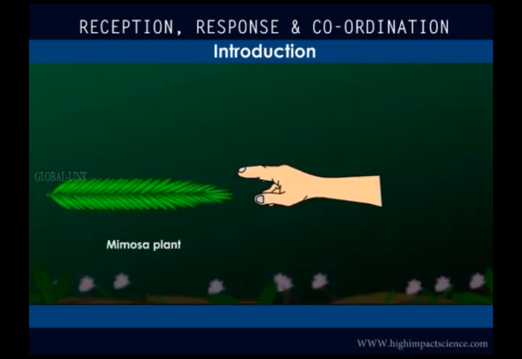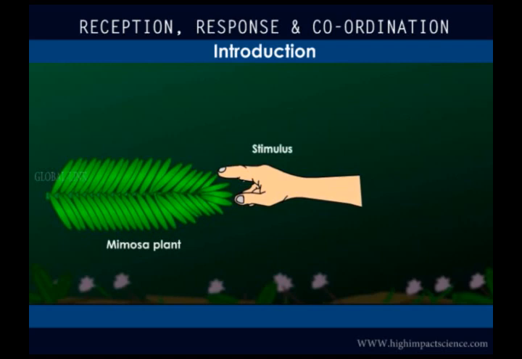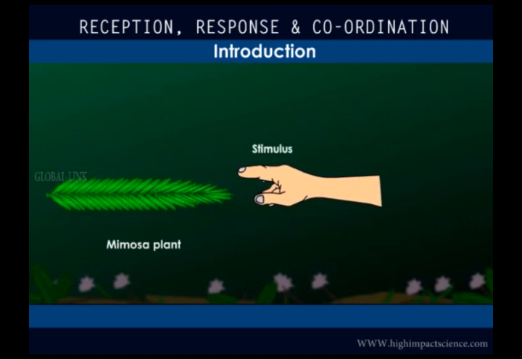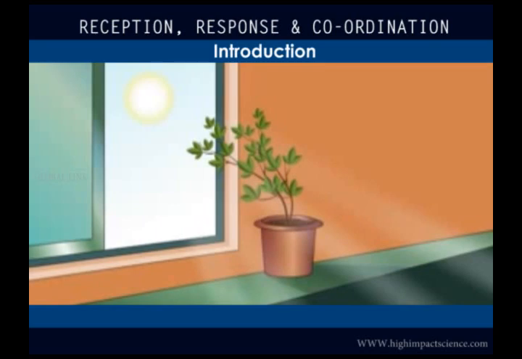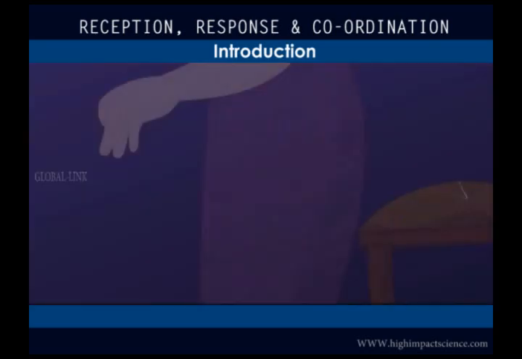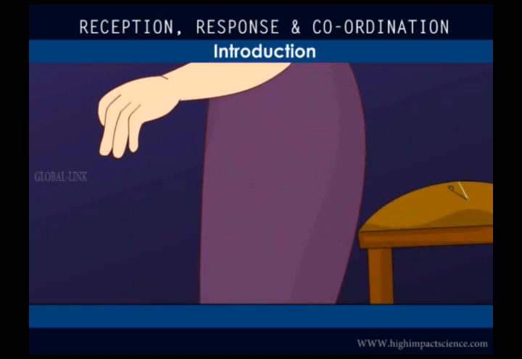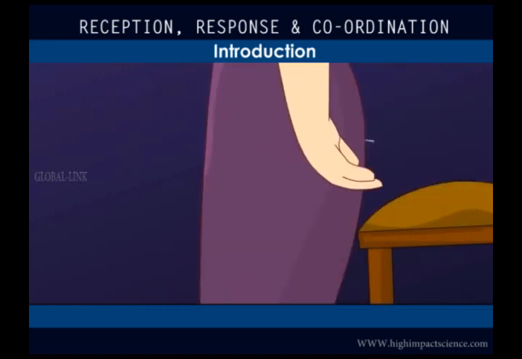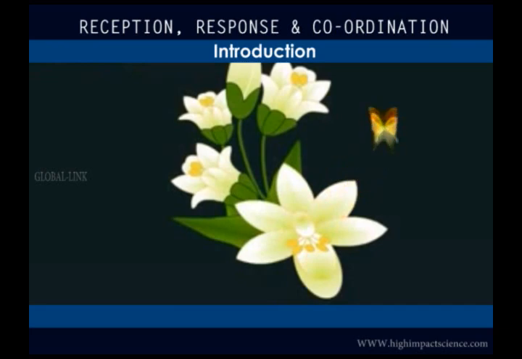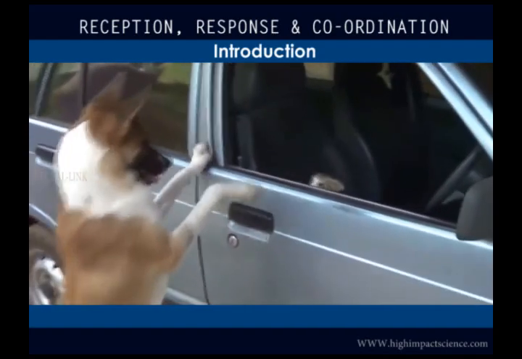Plants too respond to external stimuli like touch, as well as light. Reception and response to stimuli enables organisms to survive in their environment, acquire nutrients, reproduce, and escape from harm.